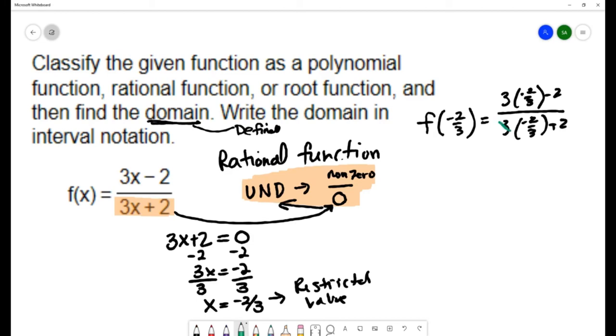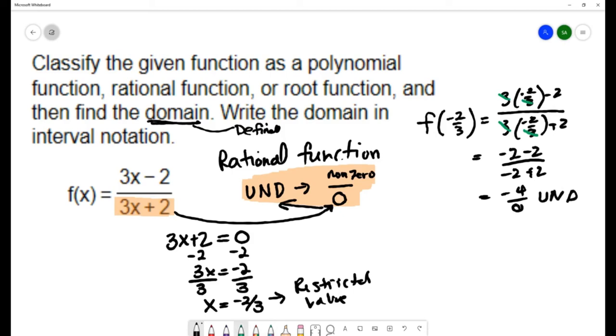This 3 that's multiplied and 3 that's divided cancel. Same thing up here. And we get, in the numerator, negative 2 minus 2, and in the denominator, negative 2 plus 2. And then that simplifies to be negative 4 over 0. Because we have a 0 in the denominator, that's undefined.